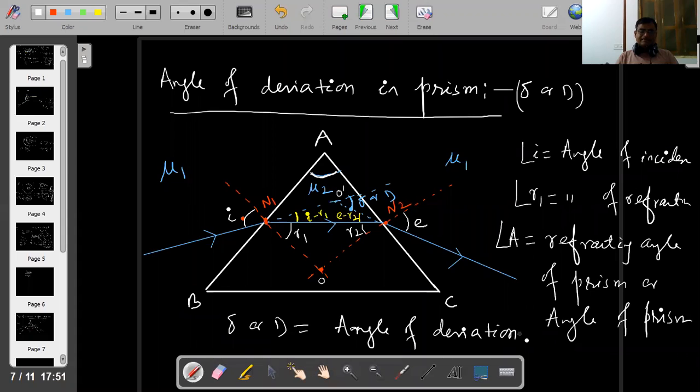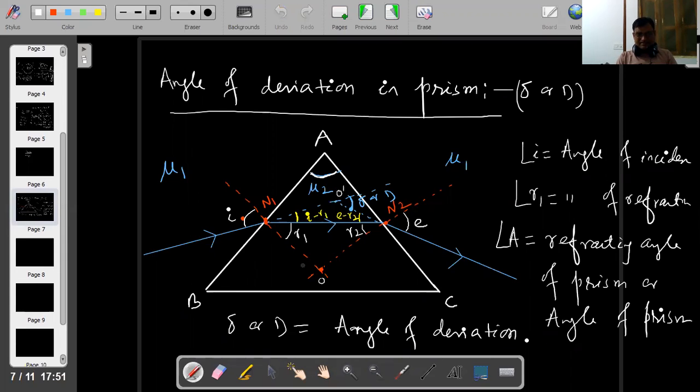Angle of deviation is defined as the angle turned by the incident ray to become the emergent ray.